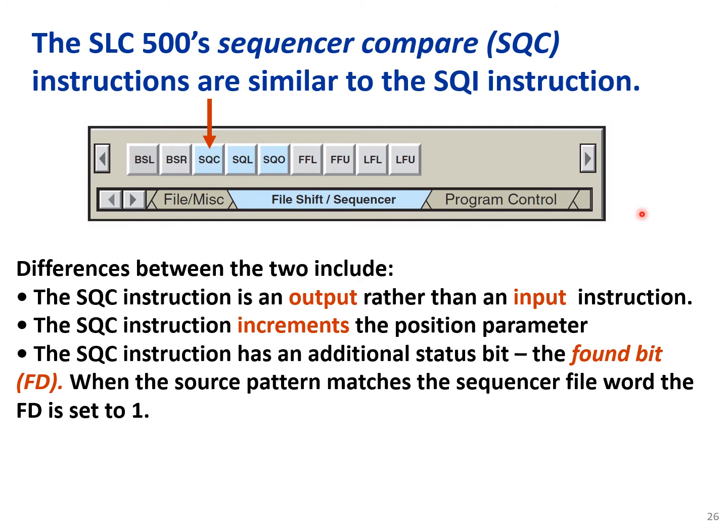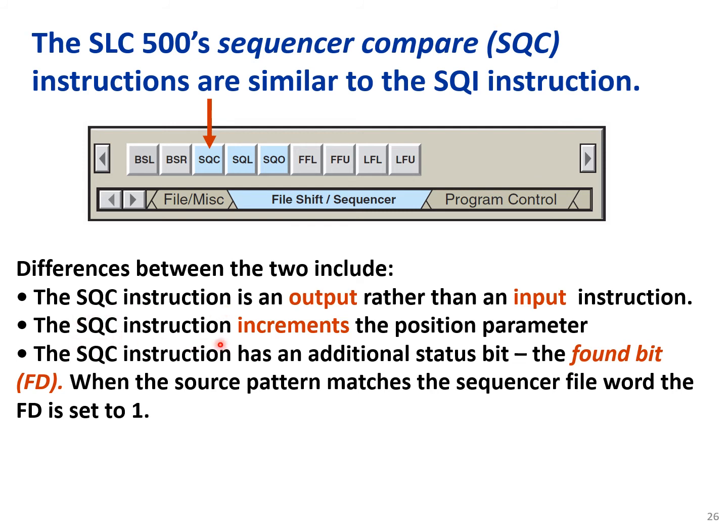The SLC500 sequencer compare, or SQC, instruction is similar to the SQI instruction. So far we discussed SQO and we explained what SQI is. In SLC500, SQC is very similar to SQI. Differences between the two include that the SQC instruction is an output rather than an input instruction.